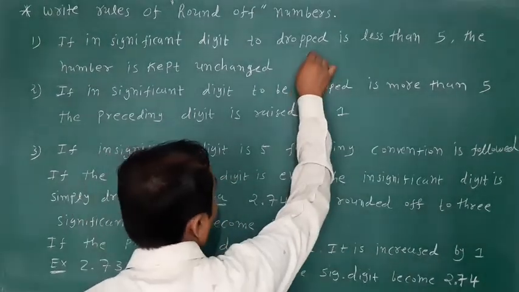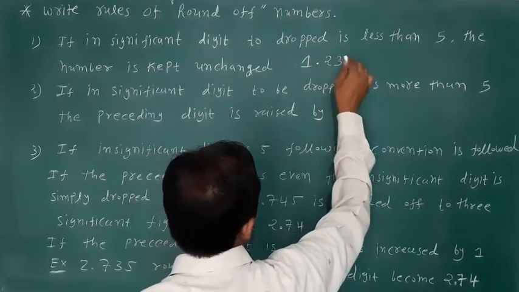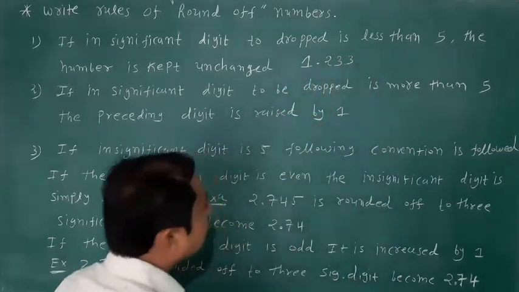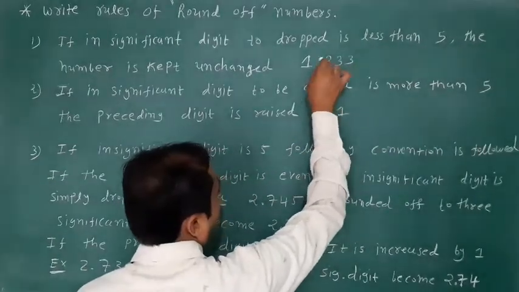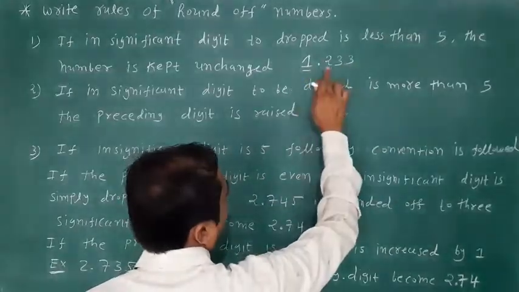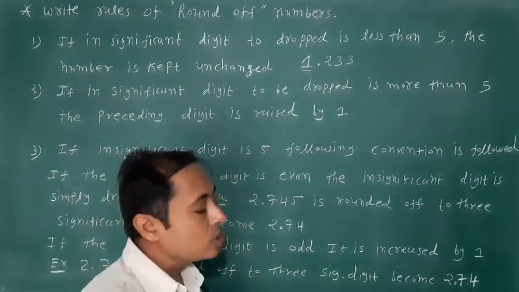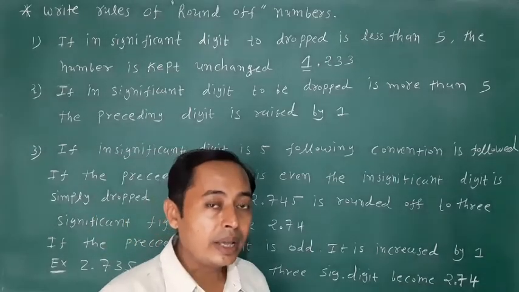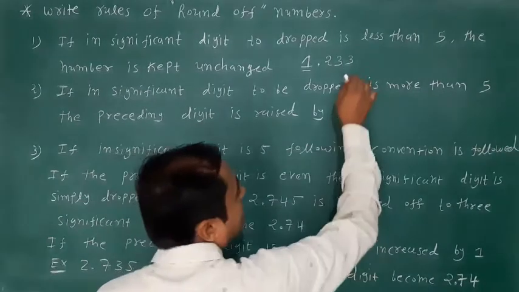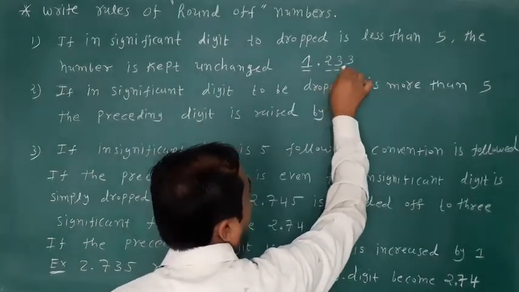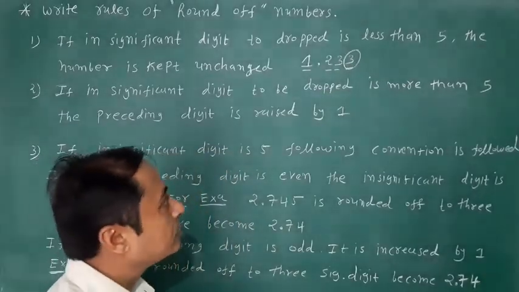Suppose we have one number, 1.233. Okay? In this number we have four significant digits: 1, 2, 3 and 4. Suppose now we want to write it in three significant digits. So the last number is, look here, 3, and 3 is less than 5.